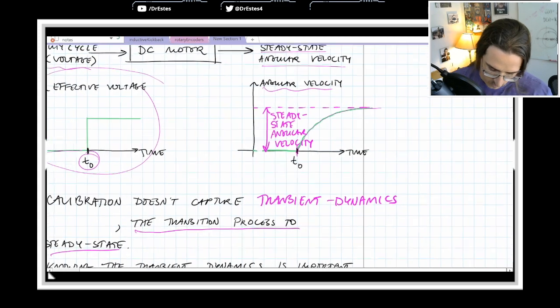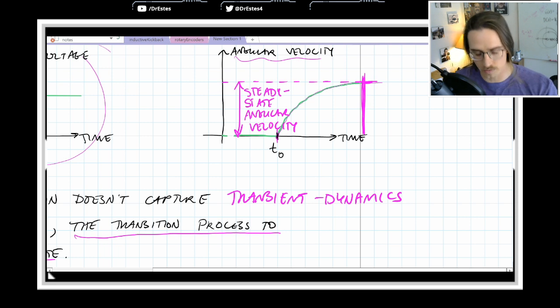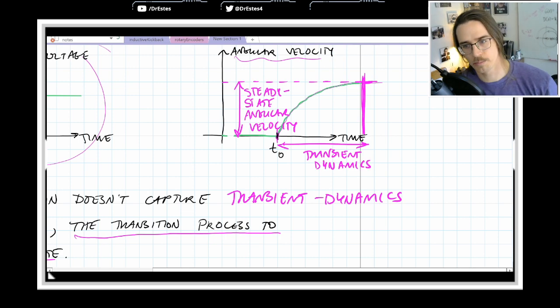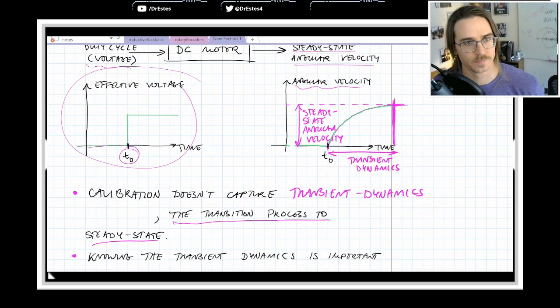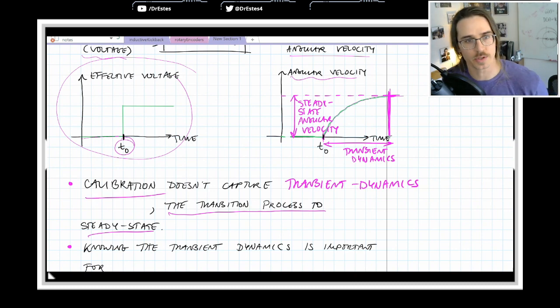So let's say we settle around here. At this point, we've basically reached the steady state value. Everything between t0 and that settling time, we call transient dynamics, because they don't last. So calibration doesn't capture the transient dynamics.